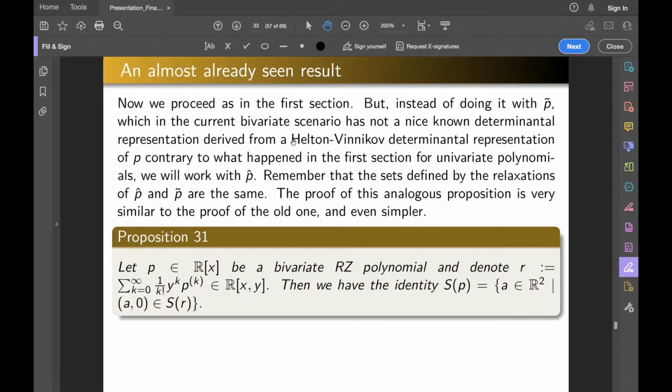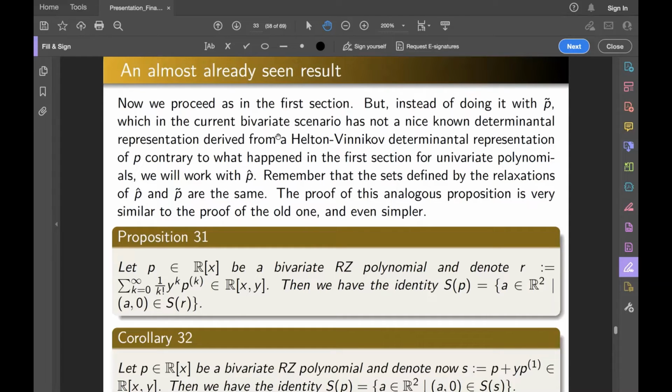It's important that we had to use Helton-Vinnikov a lot, and it is good that we have that. And of course, this corollary here is the result that we had for one variable. Now we have it in general.